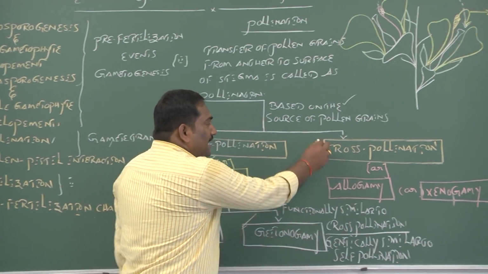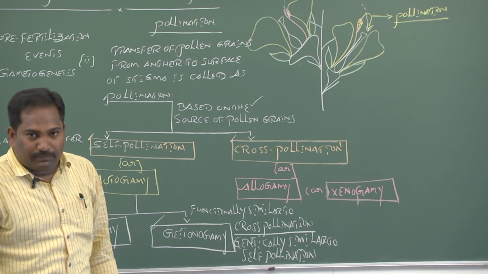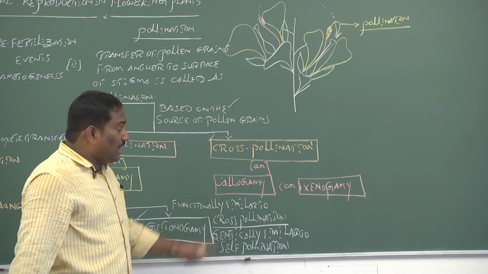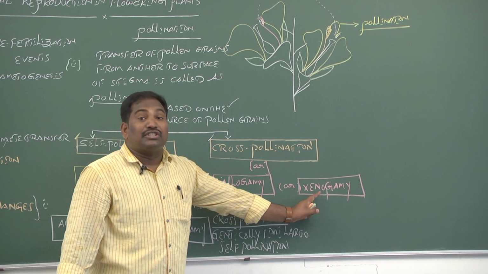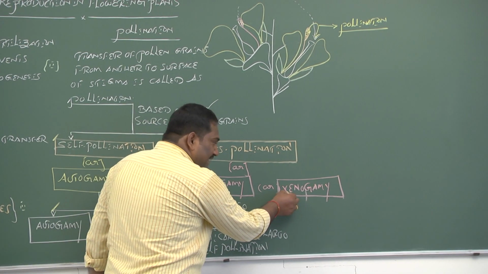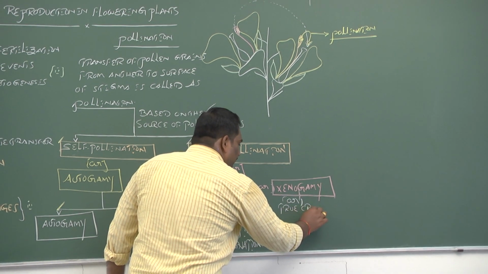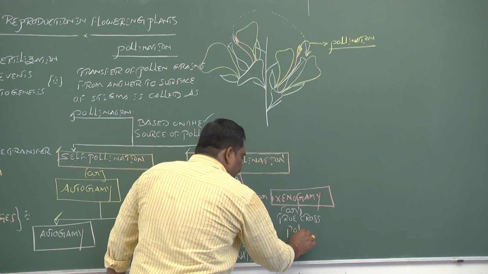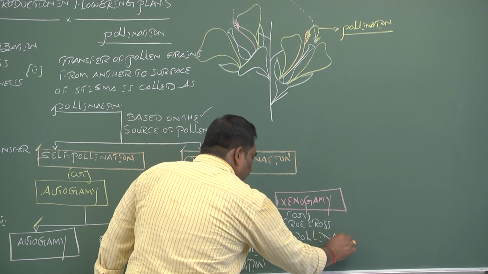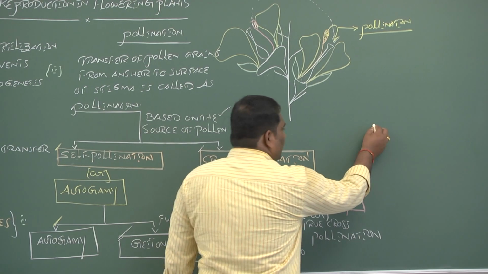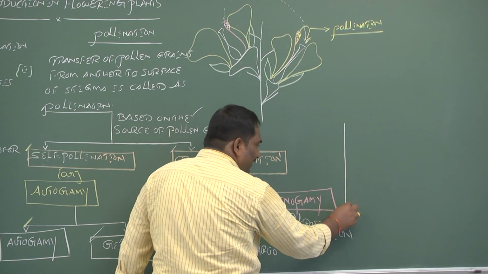And coming back to the next one, cross-pollination. Cross-pollination is also called allogamy, and xenogamy. Xenogamy is also called true cross-pollination. For example, this is one more angiospermic plant.